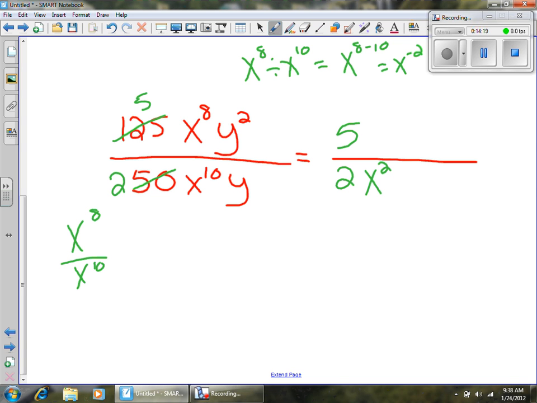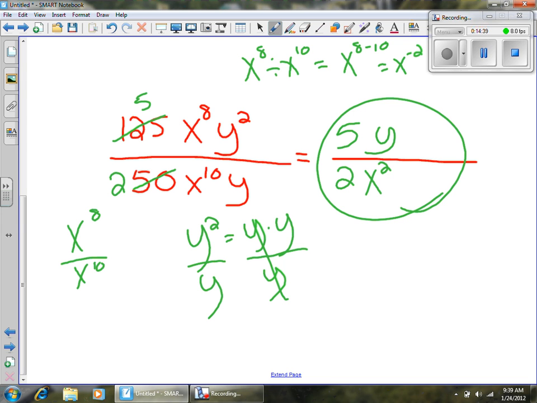Write them out, cancel them until you're convinced that it'll be an x squared and it'll be in the denominator. Okay, y squared over y, I'll do it this way first. Y squared will equal y times y divided by y. Cancel will be a plain old y. And look, he's in the numerator. And there is your answer.